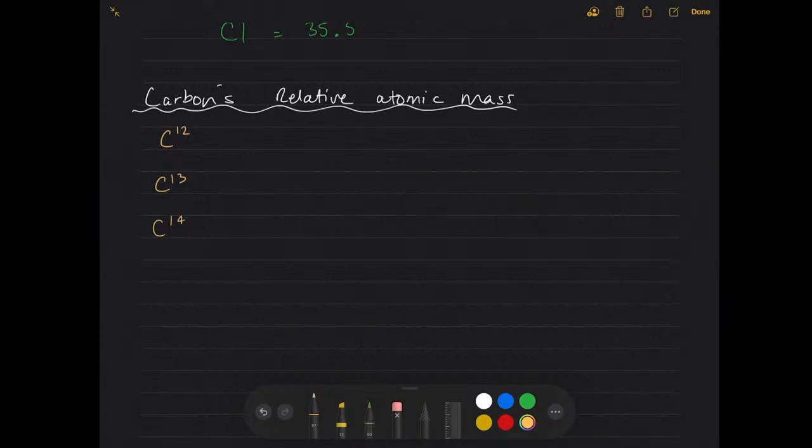This information will always be given to you in an exam. What you need to know is that something like 98 or 99% of all carbon is carbon-12. About 1% is carbon-13, and then something incredibly small, less than 1%, is carbon-14. For this calculation, you're allowed to just assume it's 1%. I'm happy for you to do that.